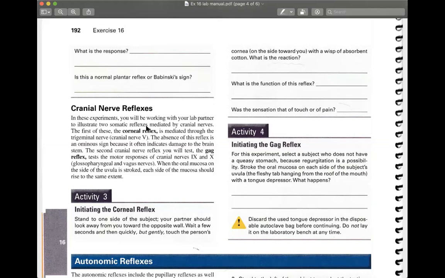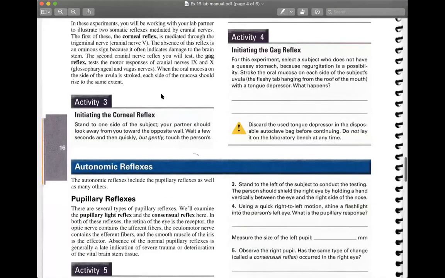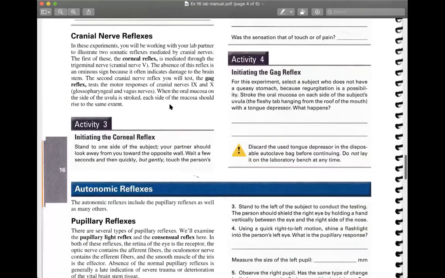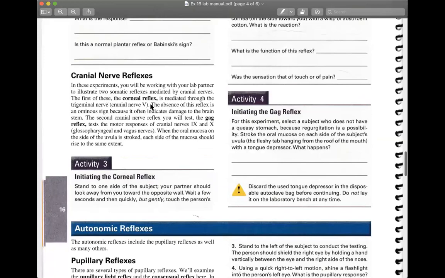One of the others, I can't remember what cranial nerve it tested, but one that I've never tested myself, though they say you can do it, is called a cold caloric, where you put ice cold water in one of the ears, and the eyes are supposed to move in one direction or the other, or you can put warm water. But I've always heard that the cold water in your ear is really painful. But the gag and corneal reflex, just know those two as testing the cranial nerves.